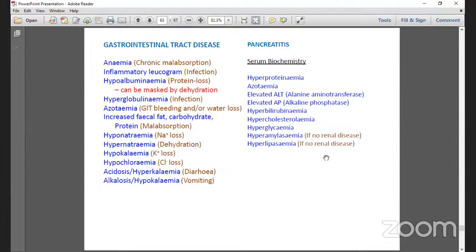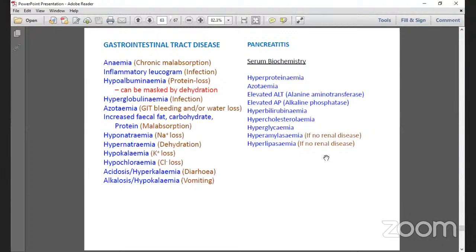For other gastrointestinal tract diseases, we might see anemia due to chronic malabsorption. This is characteristic of anemia of chronic disease.